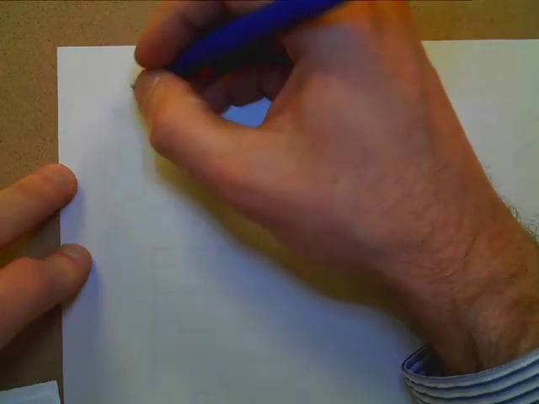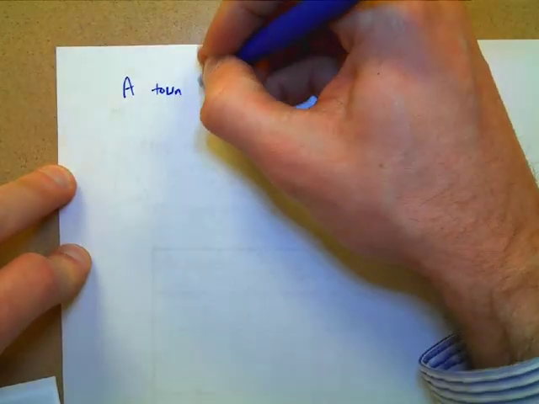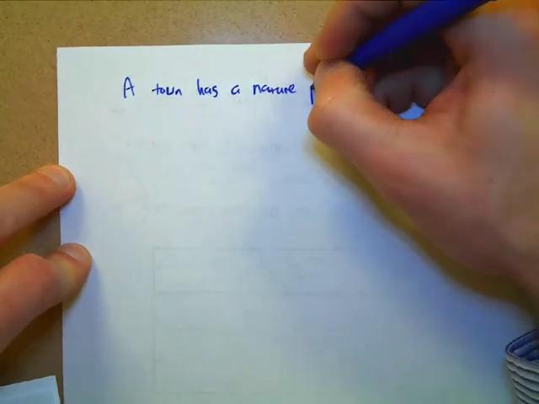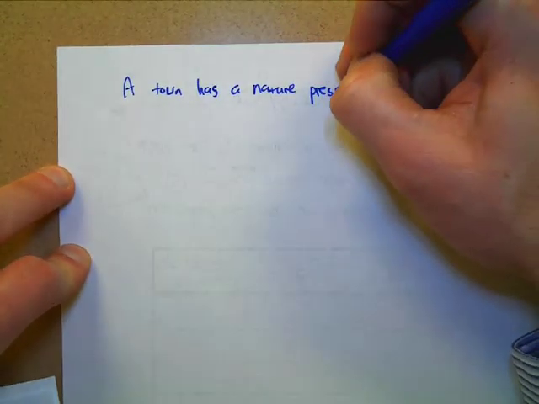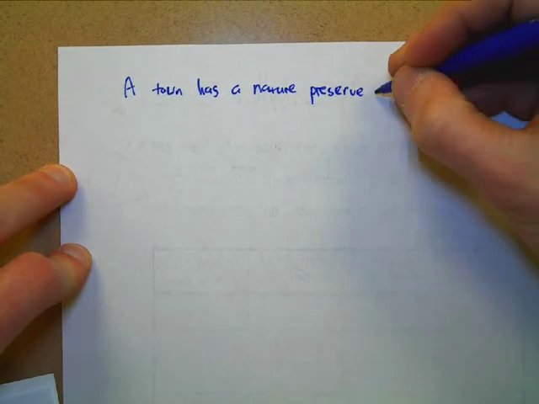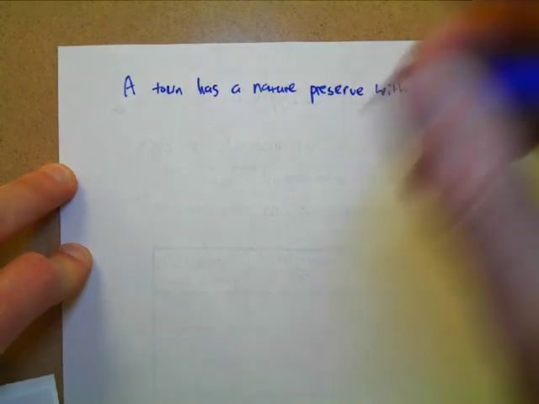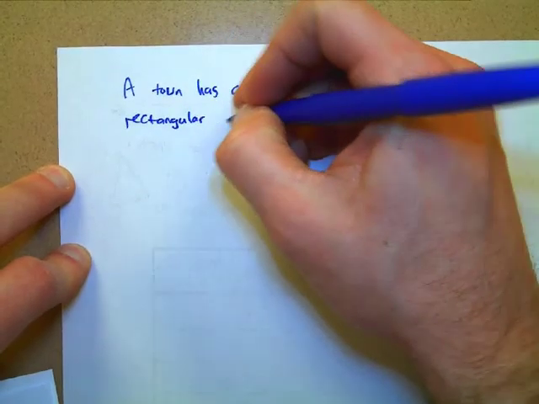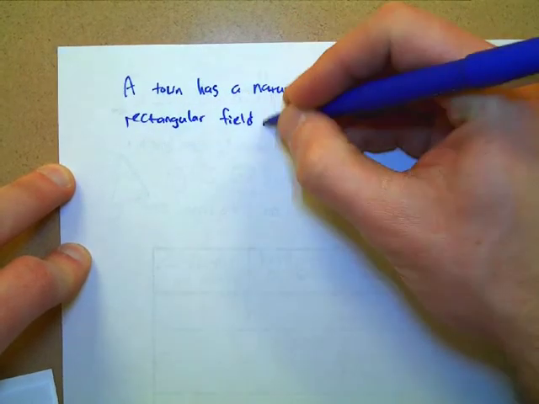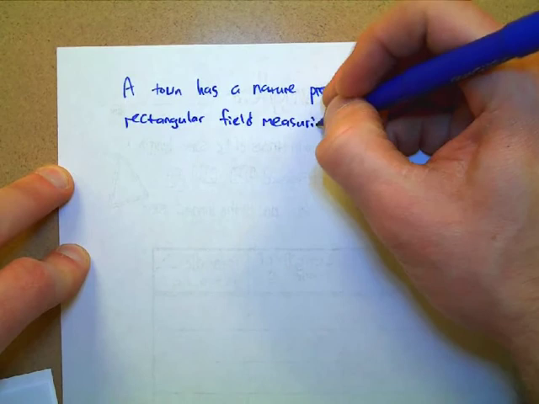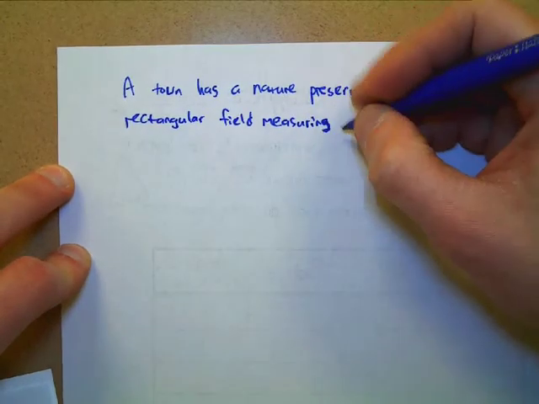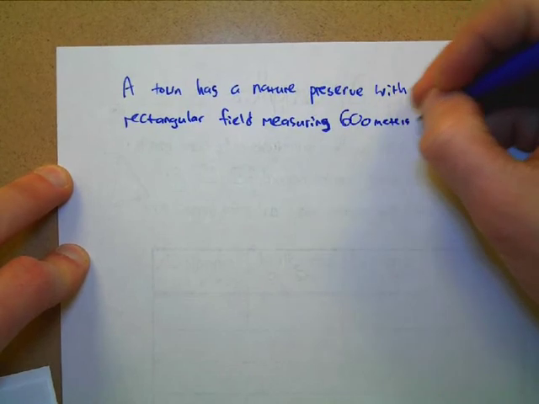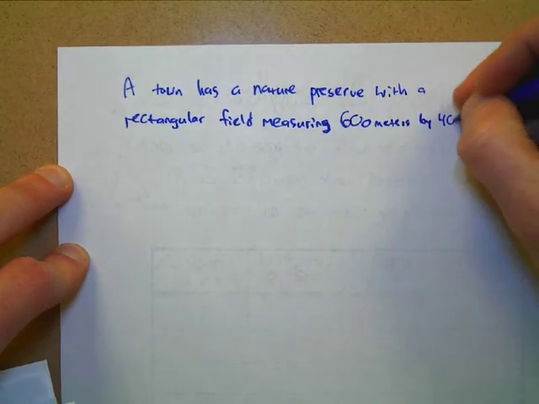All right. So a town has a nature preserve with a rectangular field measuring 600 meters by 400 meters.